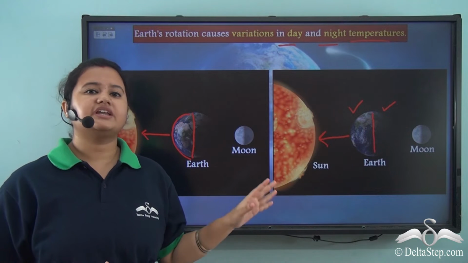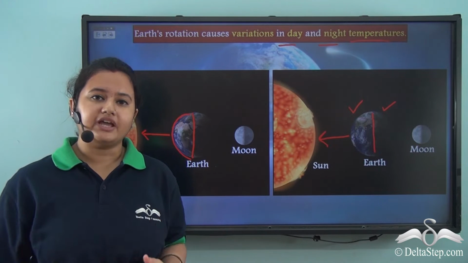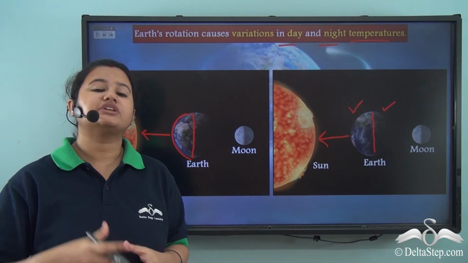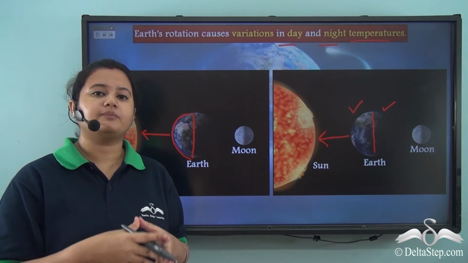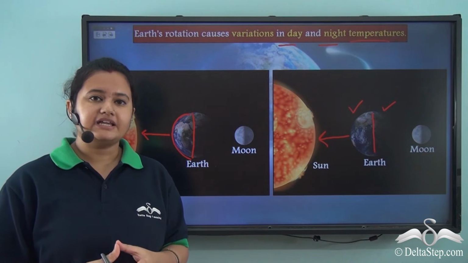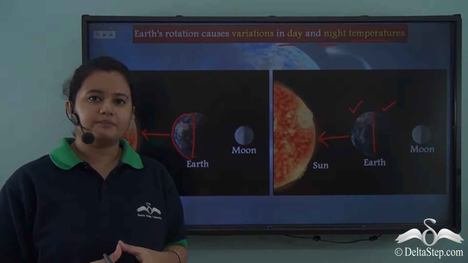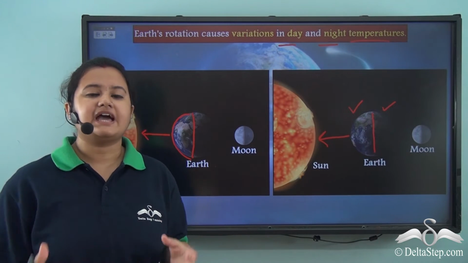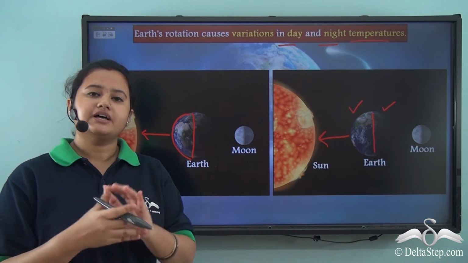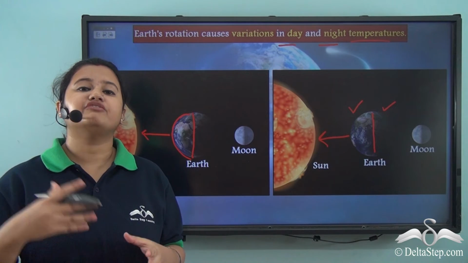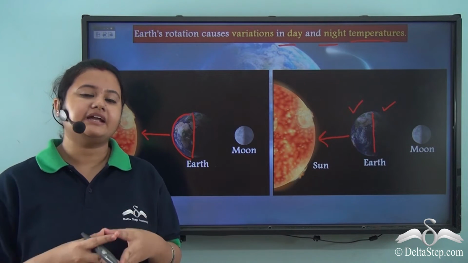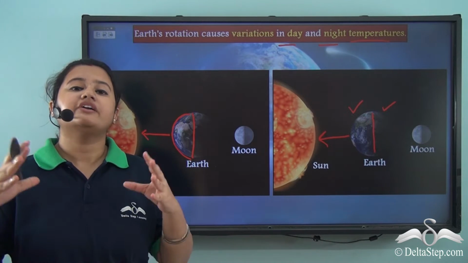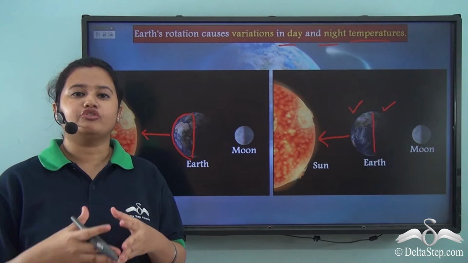So from this we can understand that during day we have high temperature because we receive both heat and light energy from the sun, while at night the temperature drops because that part of the earth does not receive heat and light energy from the sun. So by causing variation in day and night temperature, the earth's rotation also helps to regulate the temperature of a place.